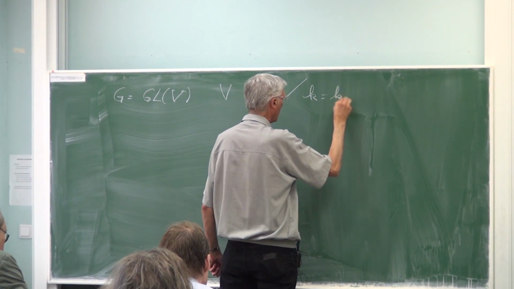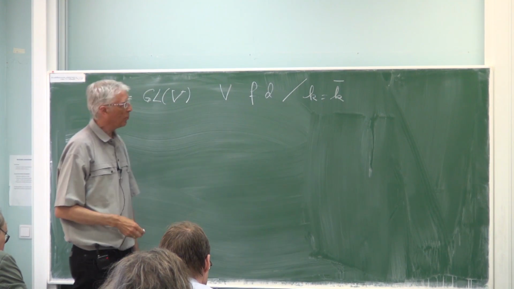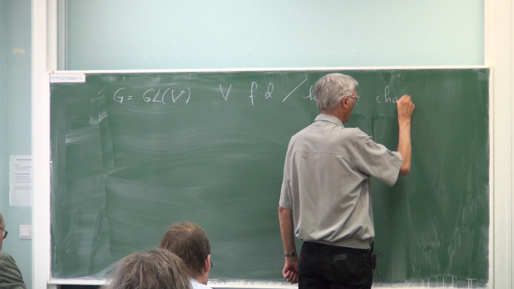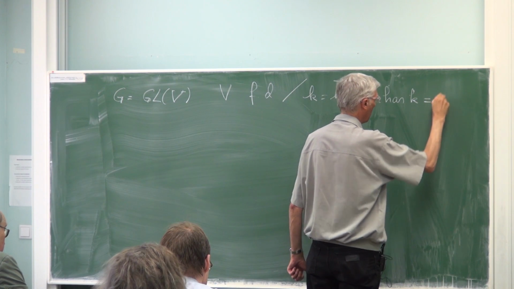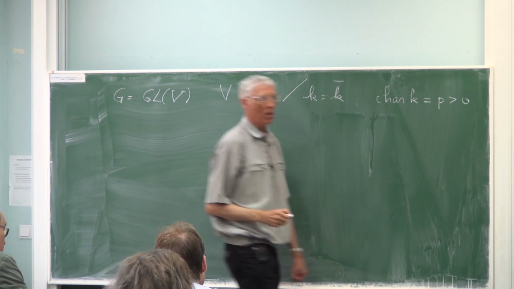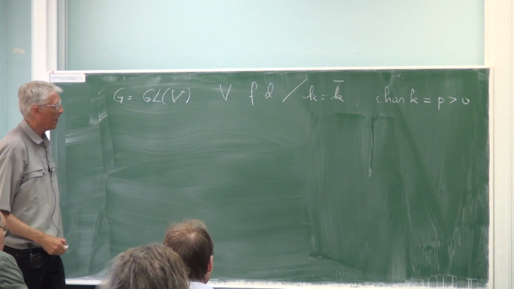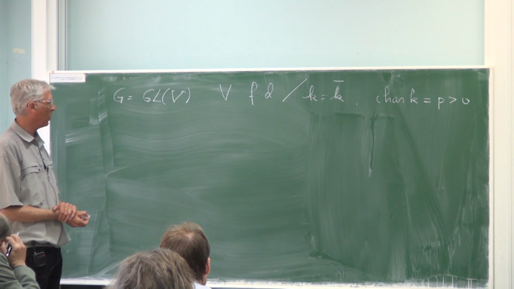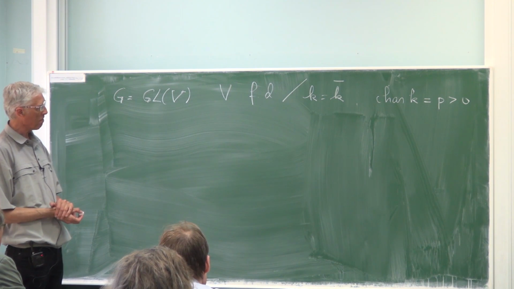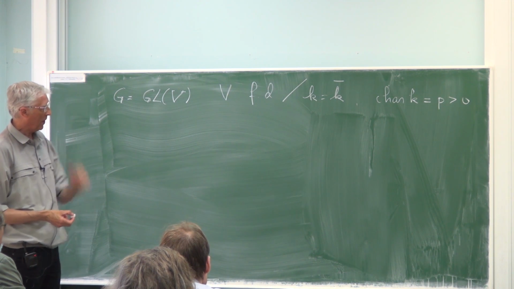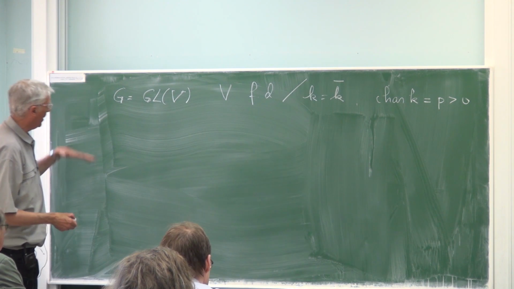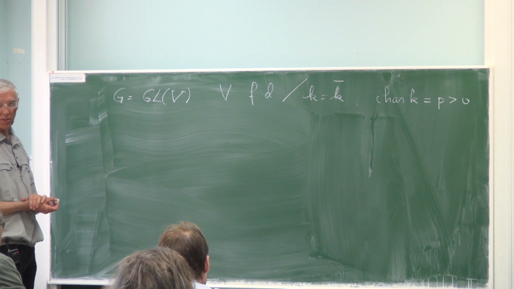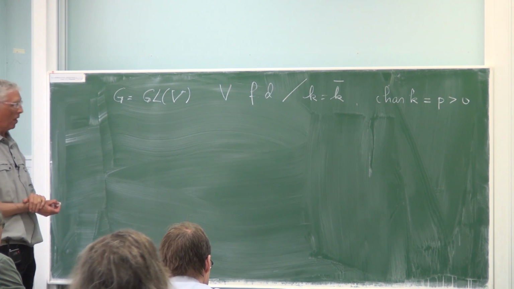Let's agree that my field will always be algebraically closed. It will also have positive characteristic. So I may say a few words about characteristic 0, but almost everything will be positive characteristic. What I want to discuss then is I'll try to say something about the reducible representations of this group.